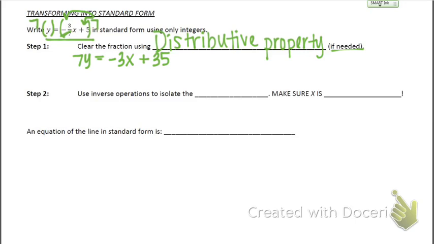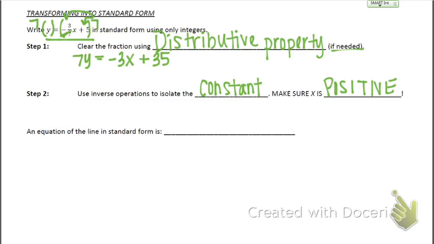Second step. We are going to use inverse operations to isolate the constant. Constant is the number. And then big note right here, make sure x is positive. So you're going to have to do whatever it is you need to do to make sure x is positive. If I want to move this x to the other side, what am I going to do? Right now it's a negative 3x. What am I going to do? Add 3x.